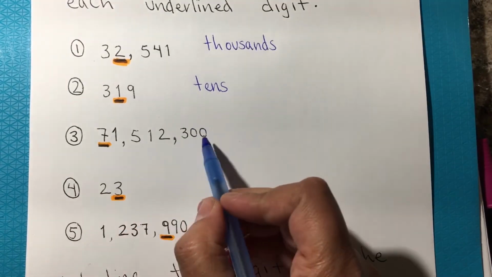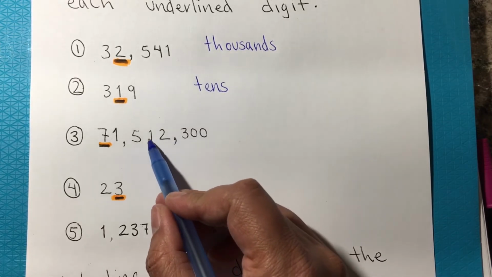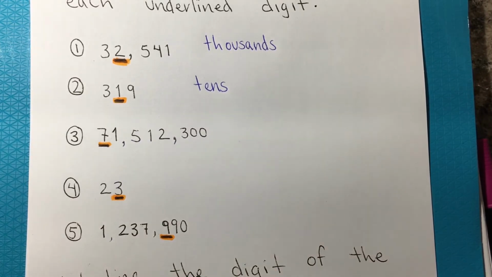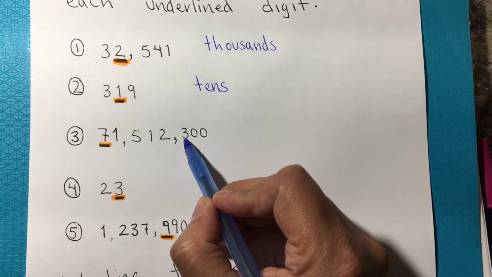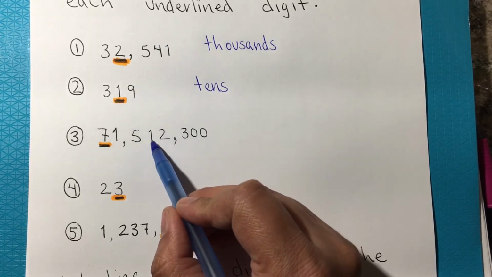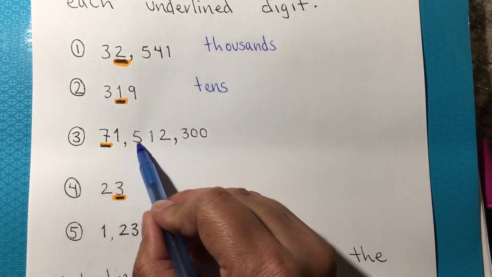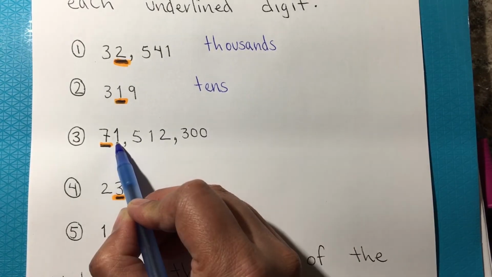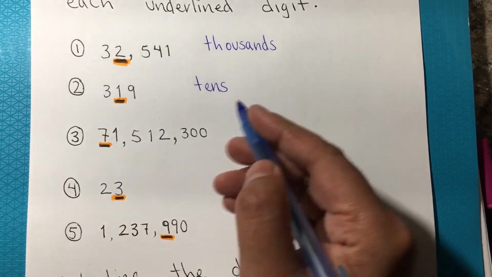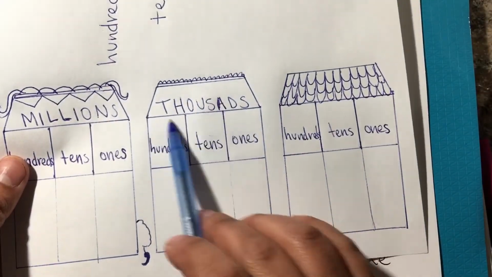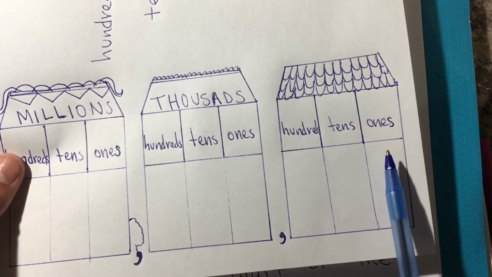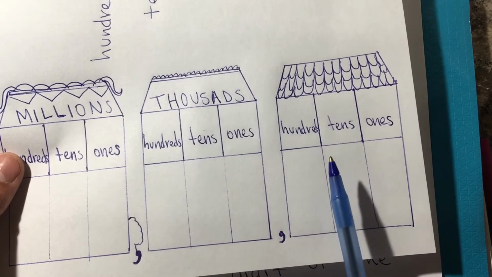So the next one is 1, 2, 3, 4, 5, 6, 7, 8. Let's try this first. Ones, tens, hundreds, thousands, 10,000s, 100,000s, millions, and 10 millions. So that's when this counts handy, because you can just say, oh, ones, tens, hundreds.